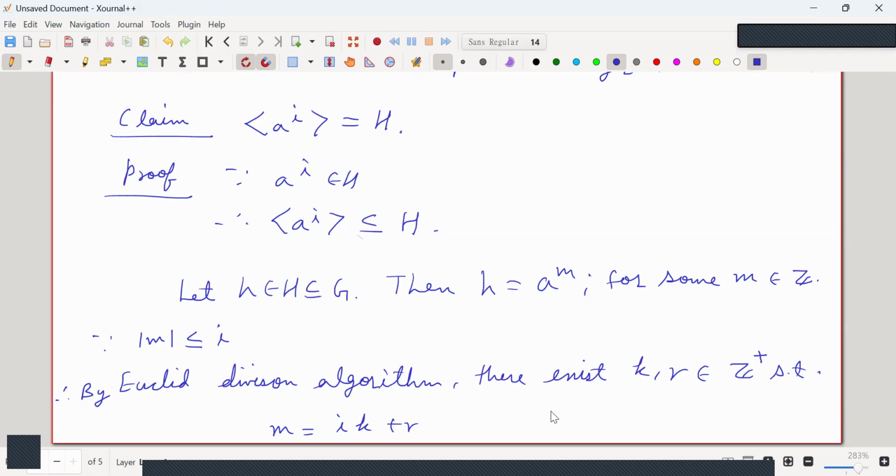I is the least positive, so it should be greater than or equal to. Sorry, you are correct. Okay, now it's fine. Yes, sir. The only thing is whether we need this inside Z positive, I don't think so. What if I write -5? Then it should be minus.